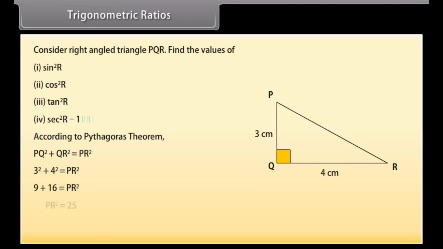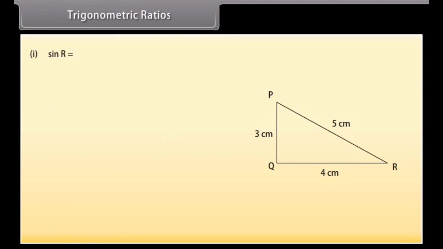Now, by calculating it, we get PR is equal to square root 25, which is 5 centimeter. Now, sine R is equal to PQ upon PR, which equals 3 upon 5. Sine square R is equal to 3 upon 5 whole square, which is 9 upon 25.